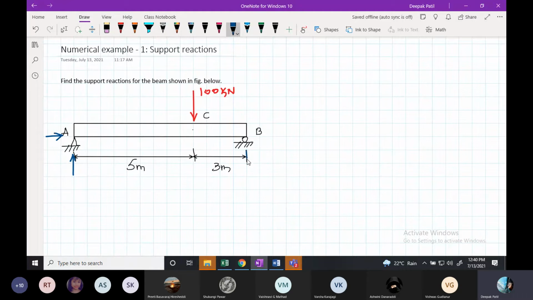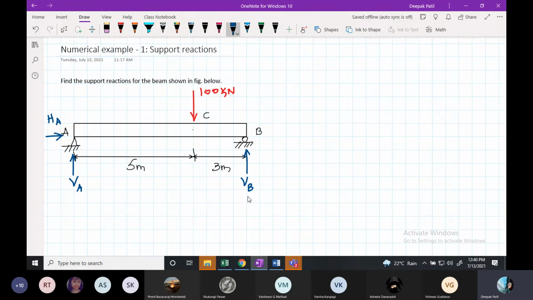At the roller support, we have only one reaction, the vertical one. Let me name these. I will name this the vertical reaction at A, VA, this the horizontal reaction at A, HA, and this the vertical reaction at B, VB.